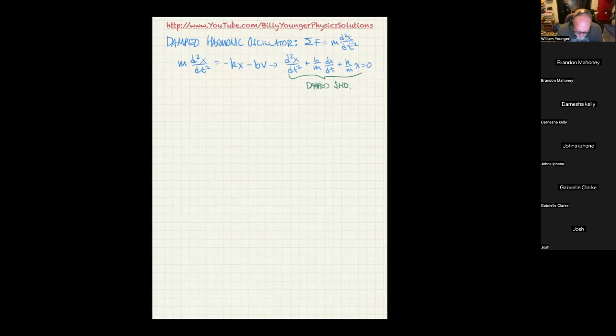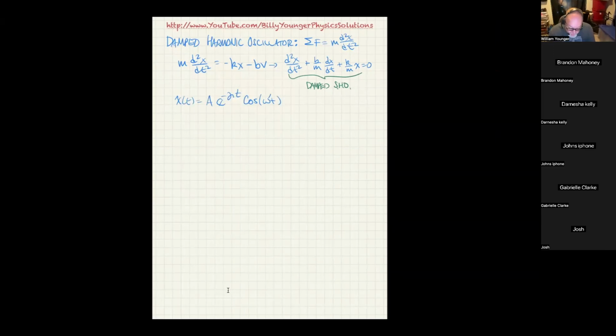And the solution for that is x of t is equal to A e to the negative gamma t times cosine omega t. In principle, you could continue with omega t plus phi, but your book's choosing not to do that. And they're going to call it omega prime instead of just plain omega. So that's what their solution is.